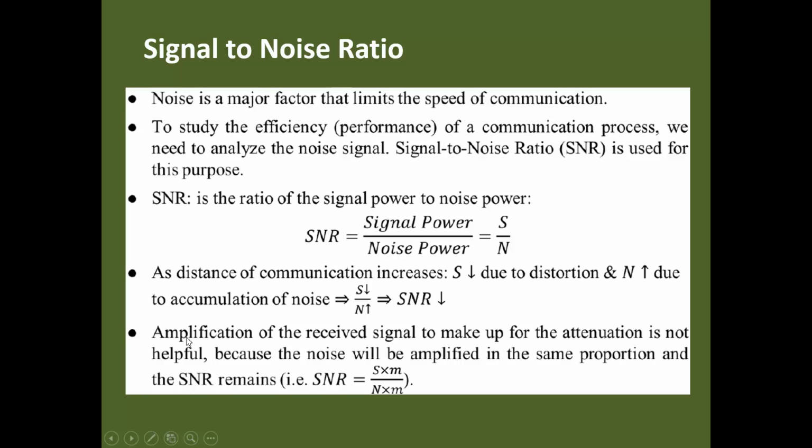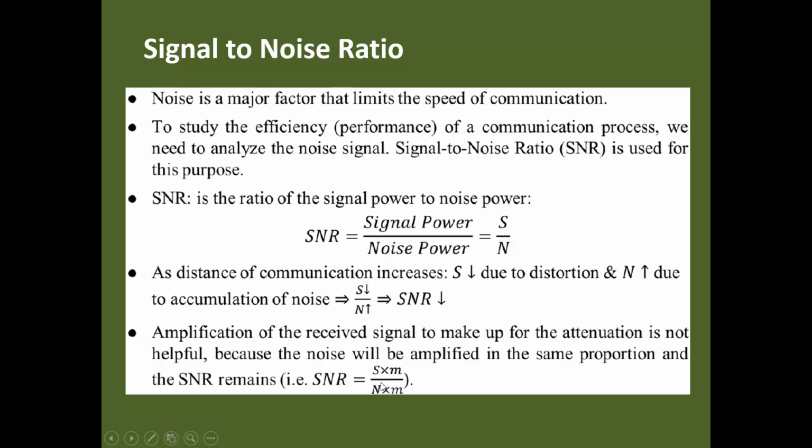Now, the amplification of the received signal to make up for the attenuation is not helpful. If we think that we can amplify the signal, that will not help, because that will also amplify the noise in the same proportion and the signal to noise ratio remains the same. If we try to increase the signal levels by a factor m with amplification, the noise levels will also be increased by the same factor.